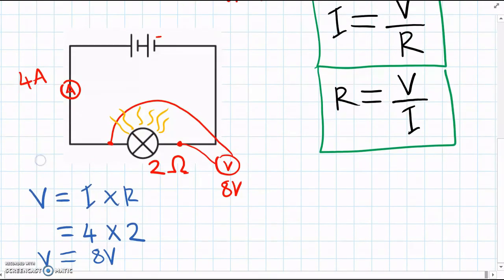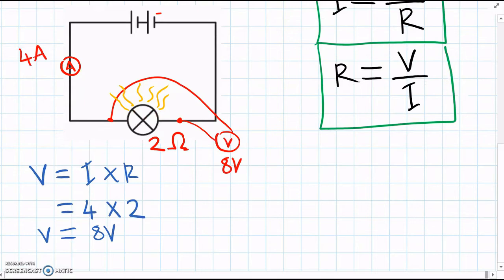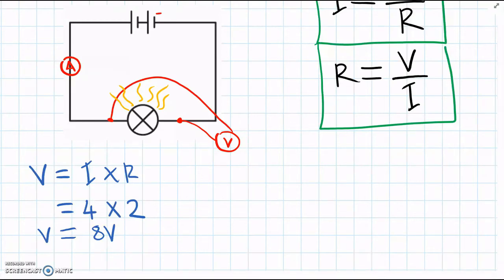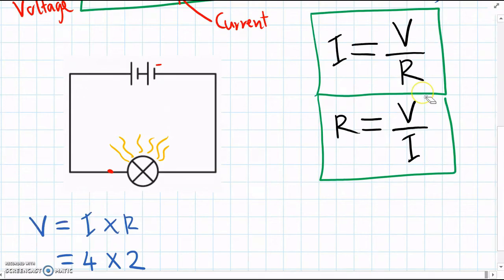Let's do a different example. So if we don't know the current, we just need to know the voltage and the resistance. So let's take these away. So we need to know the voltage and the resistance.